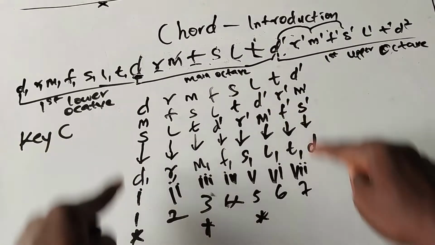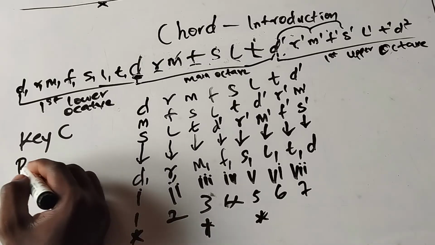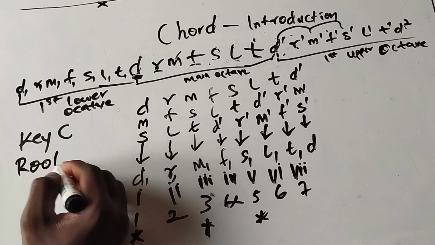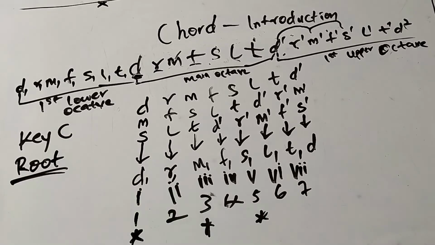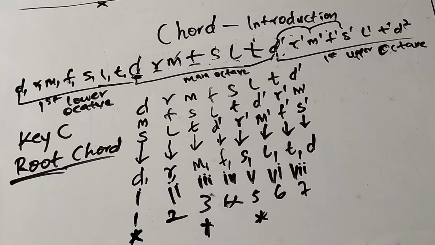Because this whole thing here is called root chord. Root, as in where it started, the beginning, the foundation of it. That is what we call root chord. Other ones are first inversion, second inversion.